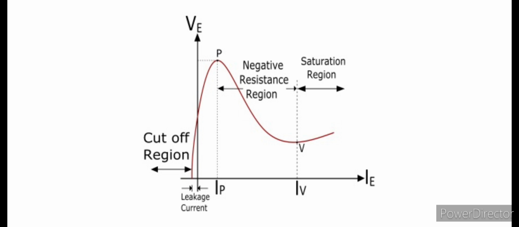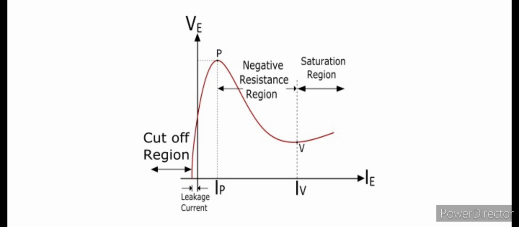So this leakage current is represented in the cutoff region. Now, when VE reaches a definite value, the emitter current IE starts to flow and increases until the peak Vp and Ip is reached at point P shown in the figure.